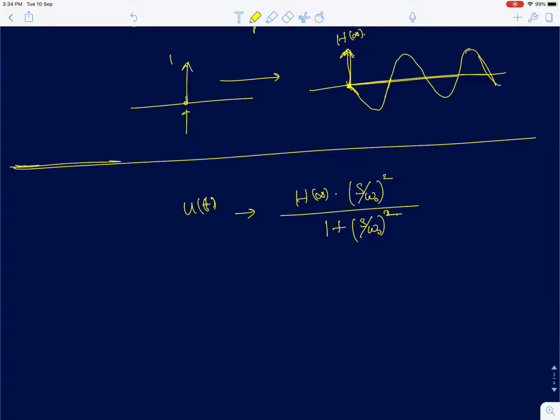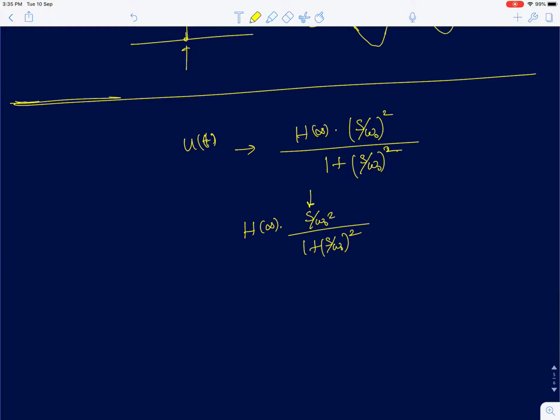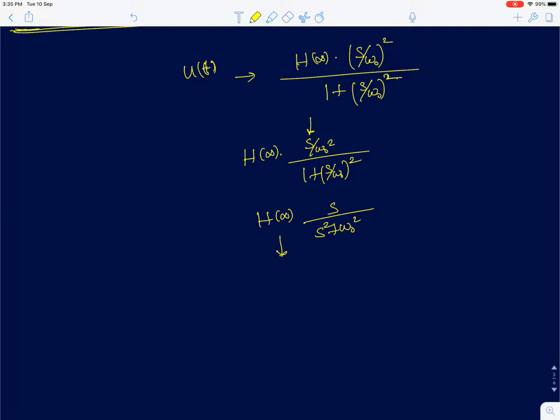When I feed 1 by s as an input, I multiply by 1 by s, so the s and s cancel out, and you are left with h infinity into s by omega naught square by (1 plus s by omega naught) the whole square. This function I can rewrite as s by s square plus omega naught square. Taking the inverse transform, I get h infinity into cos omega naught t into u of t.